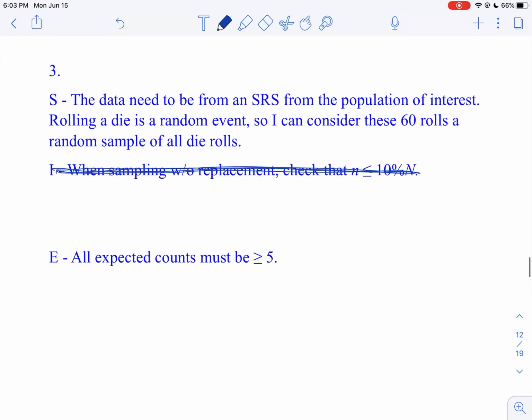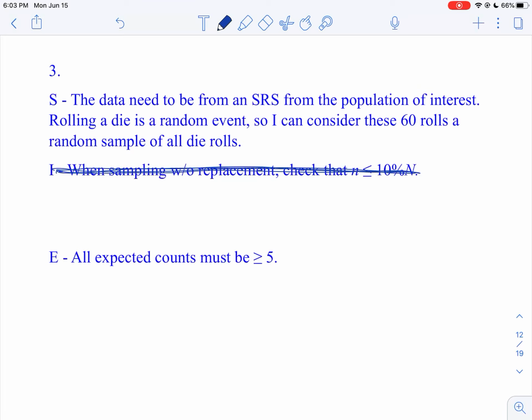And then our E, remember, is all expected counts must be greater than or equal to 5. No 10s anymore like we had with our proportions and our means. We have to have 5. I guess it would just be for proportions. Means we had to have 30. So all expected counts must be greater than or equal to 5.